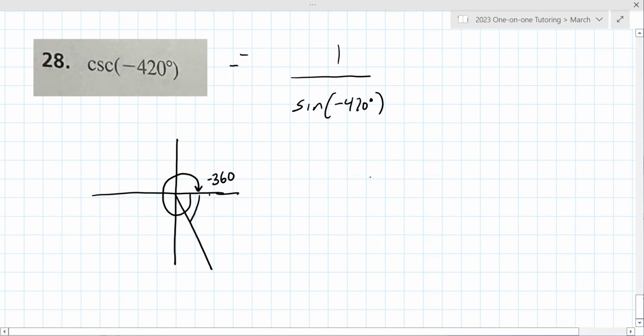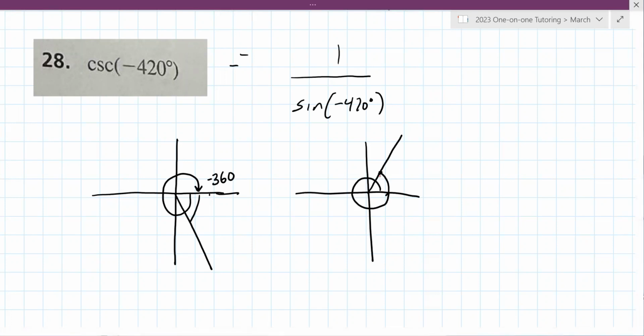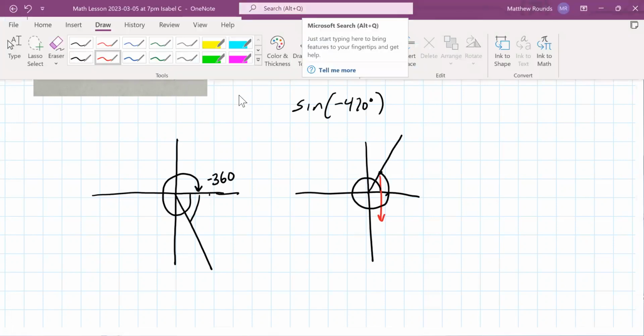Okay, now if you don't like that, we talked about, well, if you go the other way, if you go all the way around, that's 360. And then you go to 60 right there. But you have to remember to drop down to the other side. Either of those stand out to you?